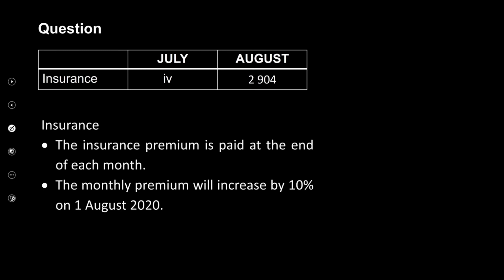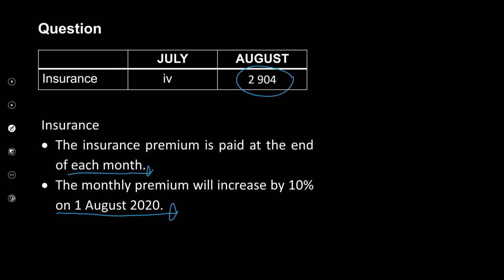The insurance premium is paid at the end of each month. The monthly premium will increase by 10% on the 1st of August. Okay, interesting question. Look what they've done. They've told you what the August premium is. Remember, the insurance premium is paid at the end of each month.